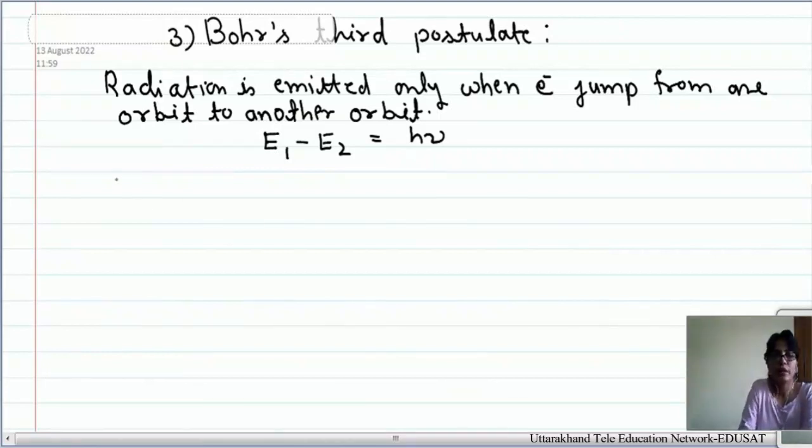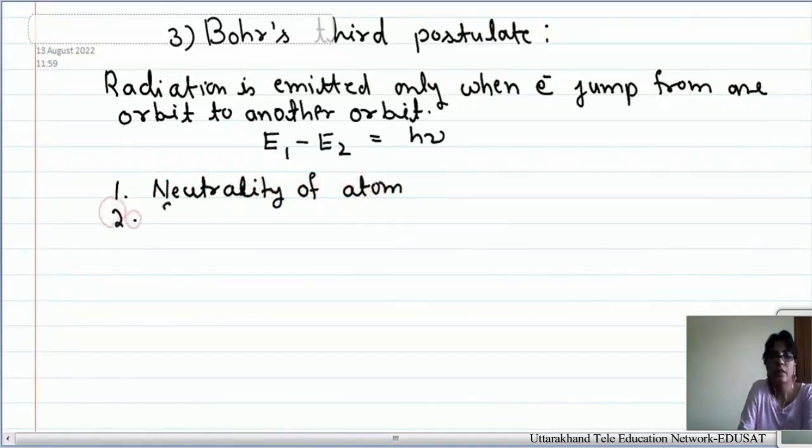So we had three criteria to judge any atomic model. The first was the neutrality of atom. Then second is the stability of atom.